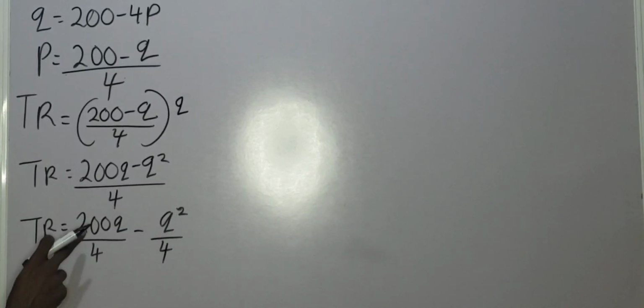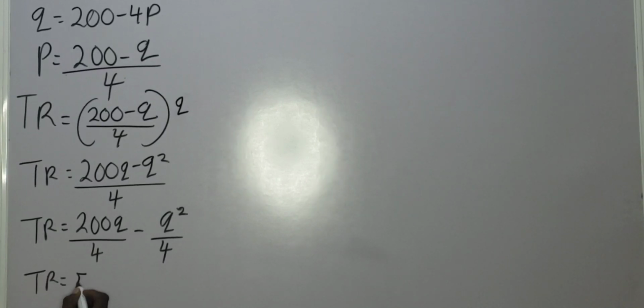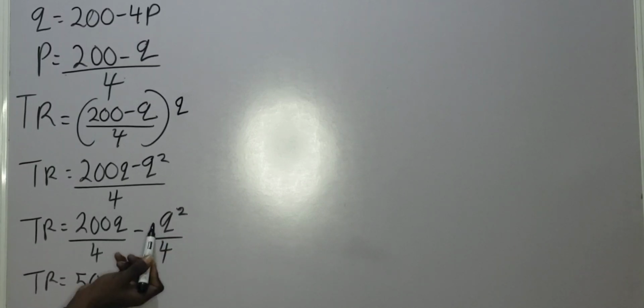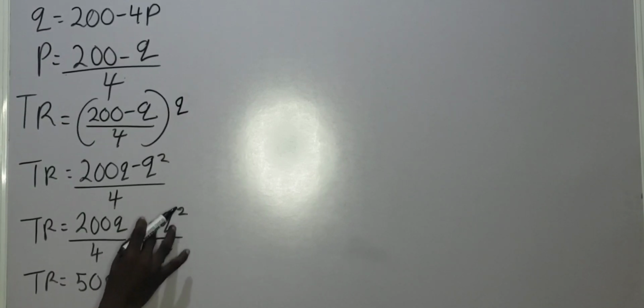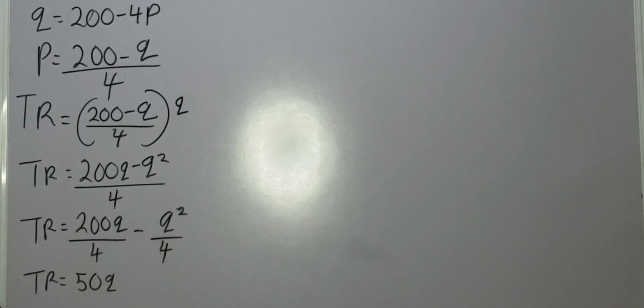If you divide 200 by 4, that is 50. So I'm going to have TR = 50Q. Now look at this. There is an invisible 1 in front of this Q squared, you understand? So 1 divided by 4 is 0.25. So I'm going to have negative 0.25Q^2.